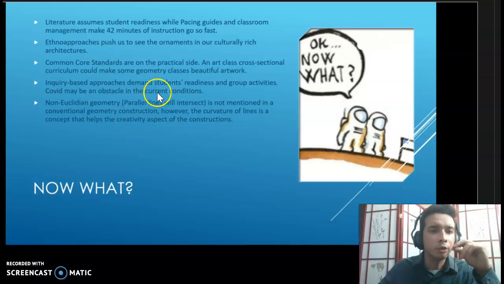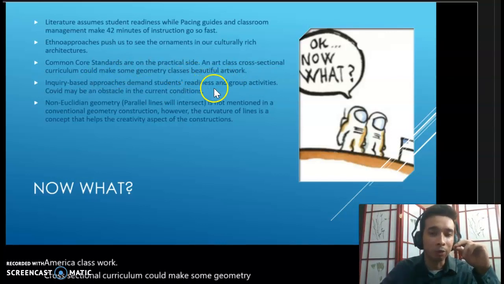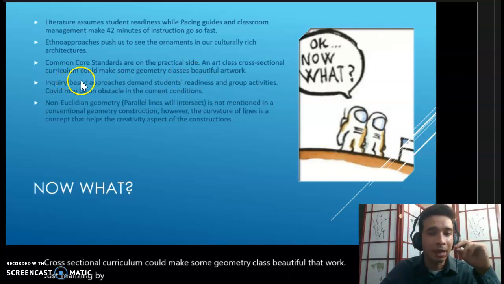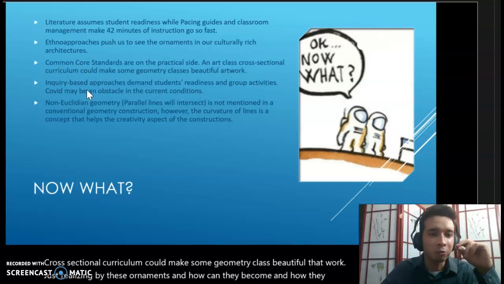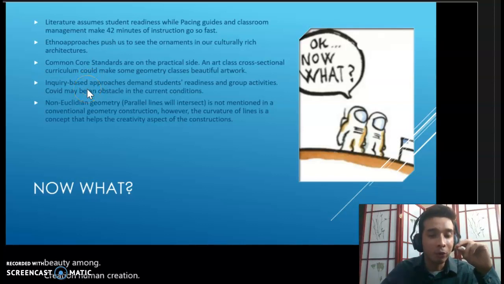Also, common core standards are on the practical side. An art class working with a cross-sectional curriculum could make some geometry class beautiful at work. Just realizing these ornaments and how they are understood as beauty among human creation, it is an important thing to bring to the classroom.